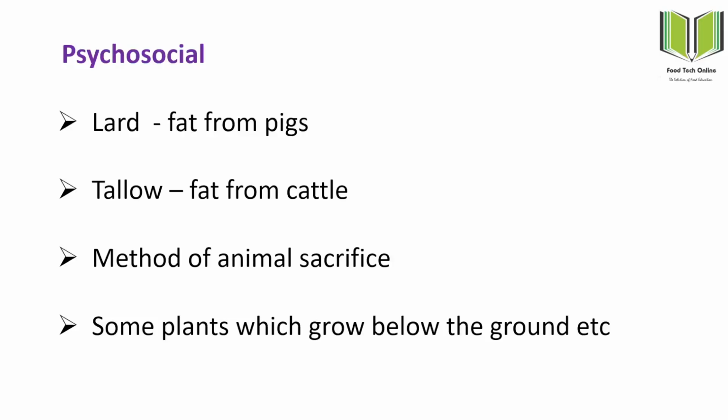Like the method of animal sacrifice, there is the jhatka method or the halal method. Some follow the halal method, some follow the jhatka method. Some think that jhatka is not good, and some think halal is not good. But scientifically speaking, these methods like halal, if you take the example, it is widely followed in the entire world, due to which there is a good blood flow.